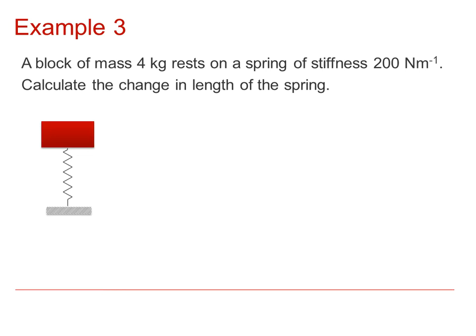In this next example, we've got a block resting on a spring, with a stiffness constant of 200 newtons per meter. This time there is a force upwards pushing, as it's in compression, on the block from the spring, and the weight mg acting downwards. It's in equilibrium, so again T is equal to mg, but this time T is given by kx.